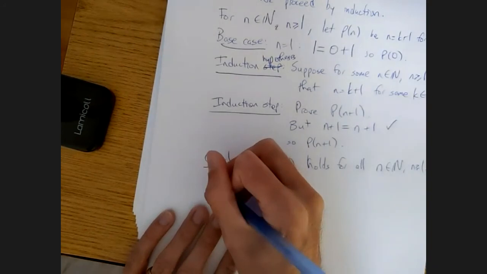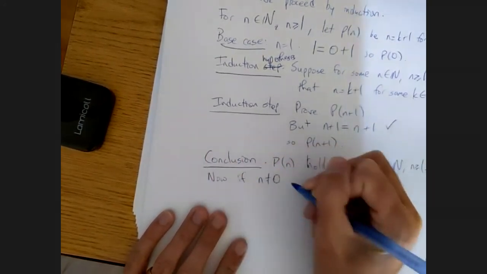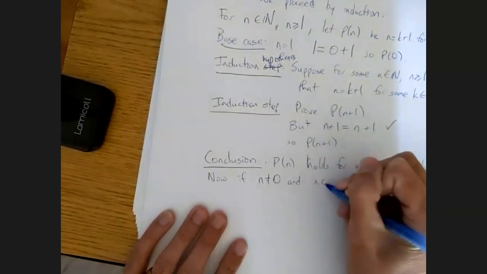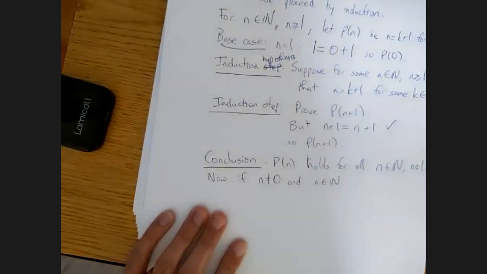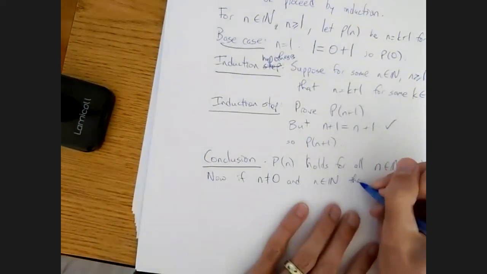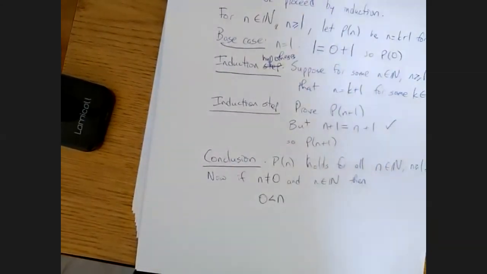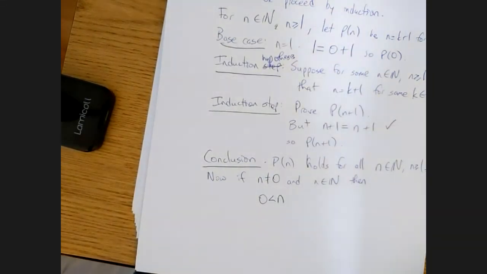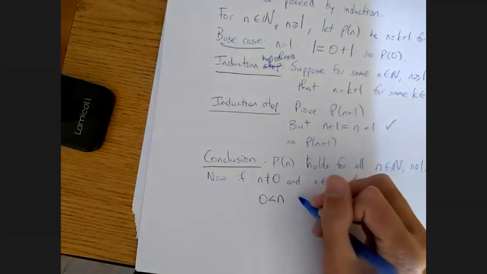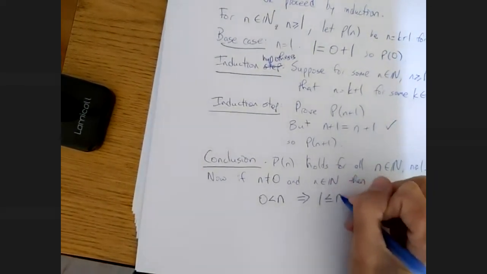So now, if n is not equal to 0 and n is a natural number, then it must be that 0 is less than n, because any two natural numbers are comparable. And this implies that 1 has to be less than or equal to n.